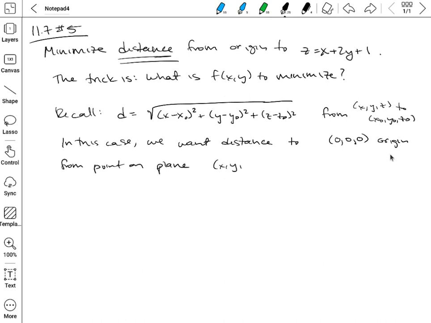And so the way we're going to do that is we just consider a point on the plane to be whatever xy coordinate we have, but then z is actually going to be that formula for our plane. So we replace our z coordinate with the equation for the plane. That forces us to be considering a point that is on the plane.